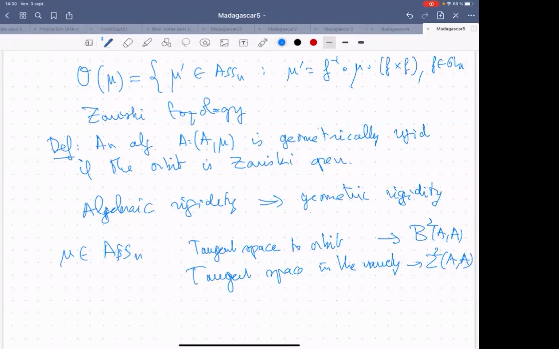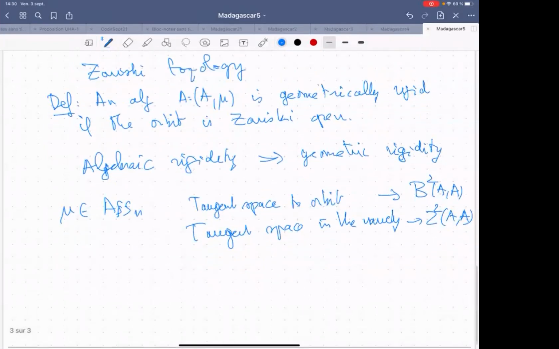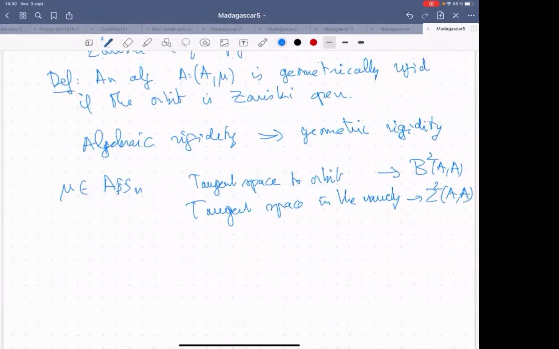That's why, if H2 is 0, this means that B2 is the same as Z2, and it implies that they have a geometric rigidity here.